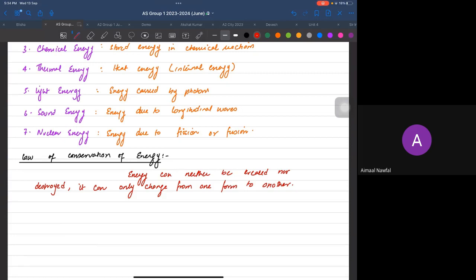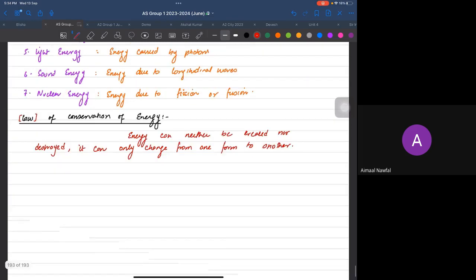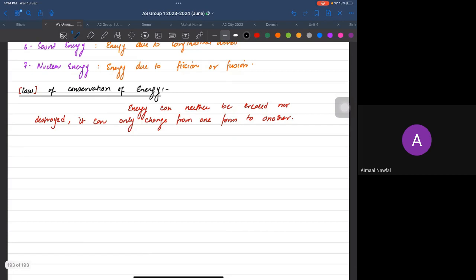Remember, in physics, laws do not break. Laws means that it is going to always happen. Anyway, so we look at an example here to see how this is applied.